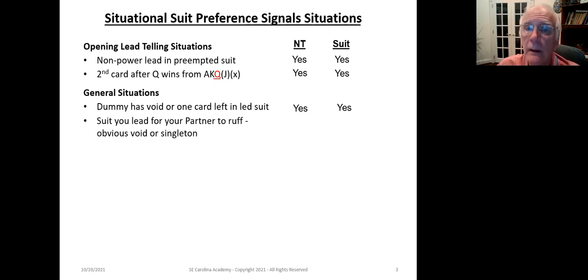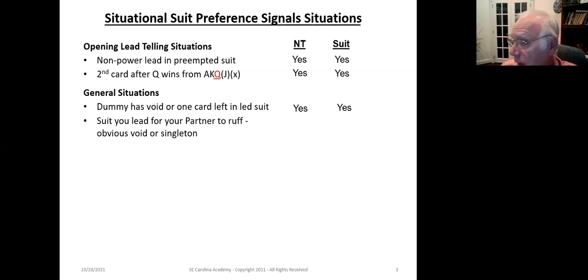All right. When you lead a suit for your partner, well, this can be on the opening lead, or it can be on another lead later in the hand, where you're leading the suit to give your partner a ruff.